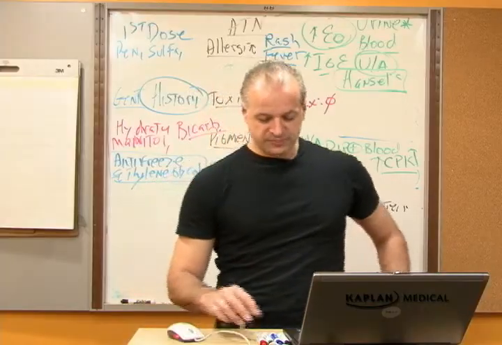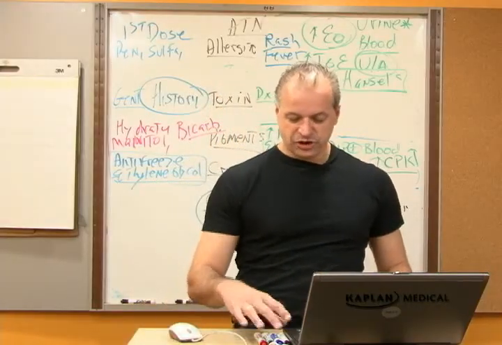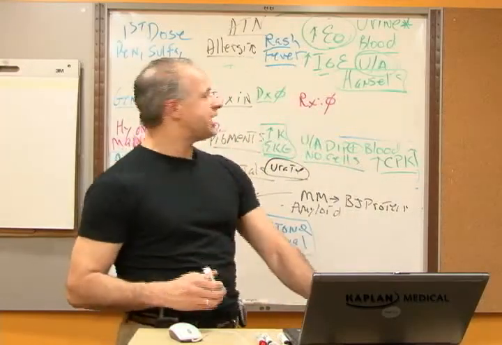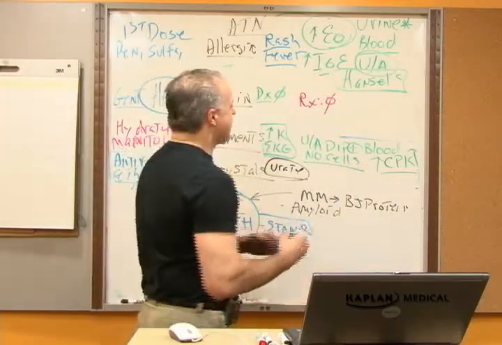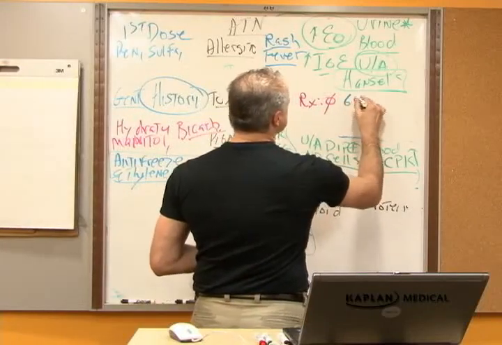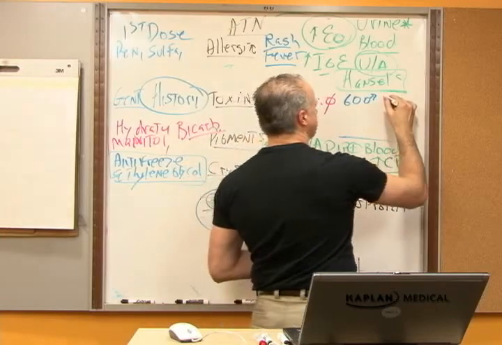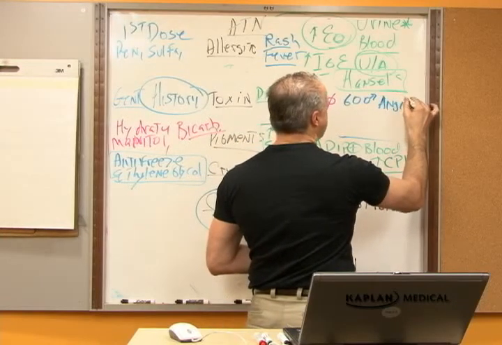Here's a new one. Atheroembolic disease is going to be a question that says, we got a 60-year-old guy who undergoes a catheter procedure with contrast, like an angiogram.